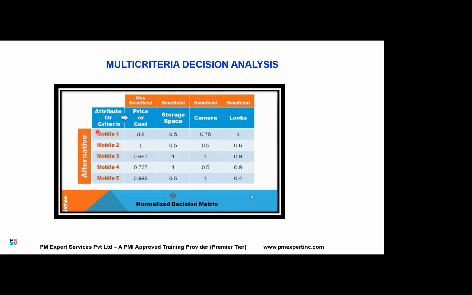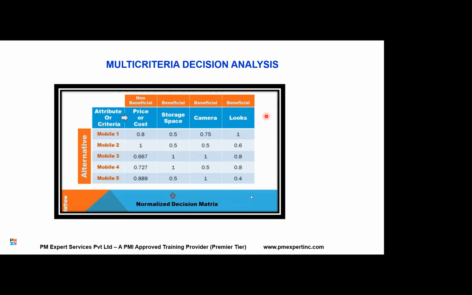They may be different variants of a mobile, and they have to be selected based on the criteria of price, storage space, camera, and looks. So which variant should you select? Should you select mobile 1, mobile 2, or mobile 3? This is one context in which you use multi-criteria decision analysis.